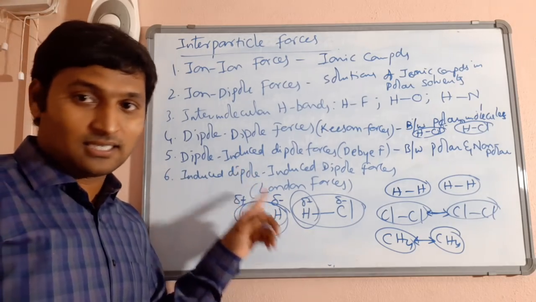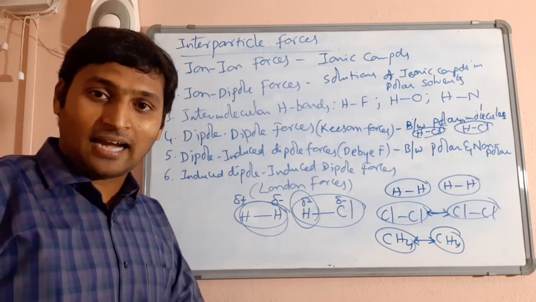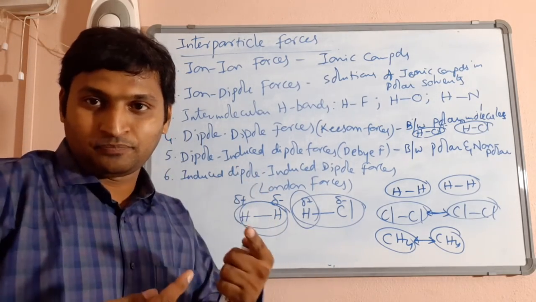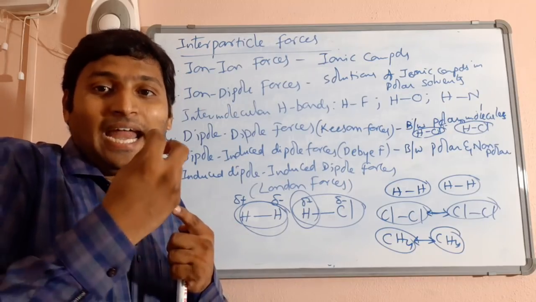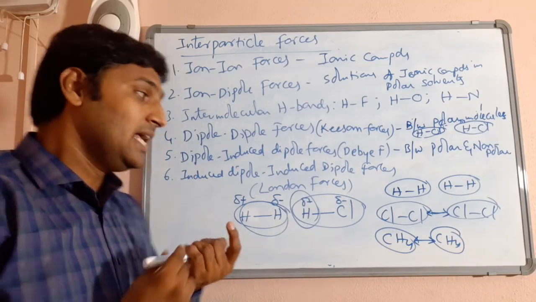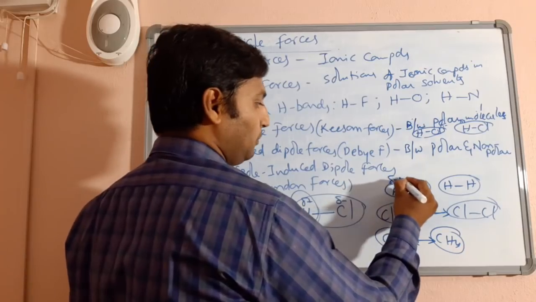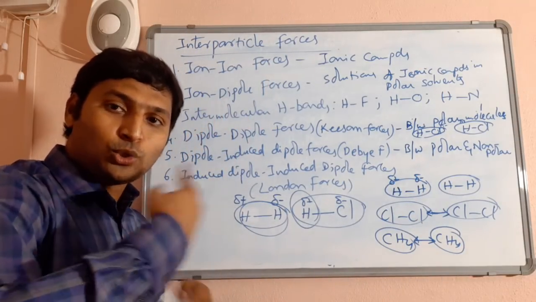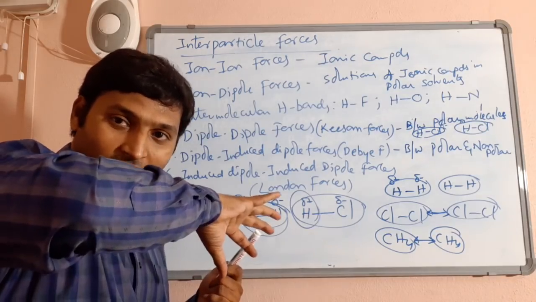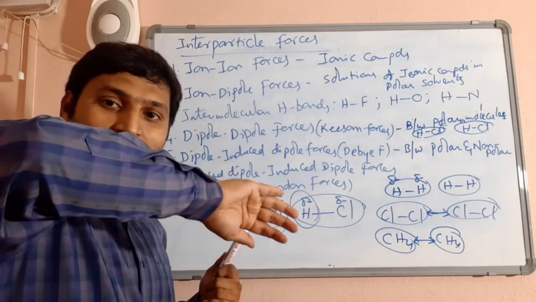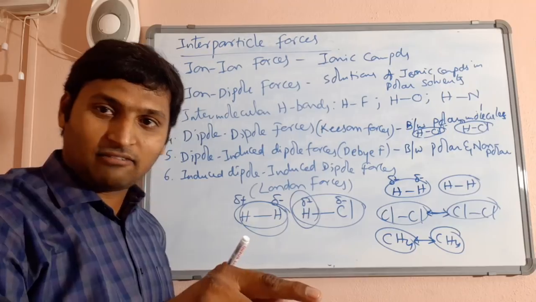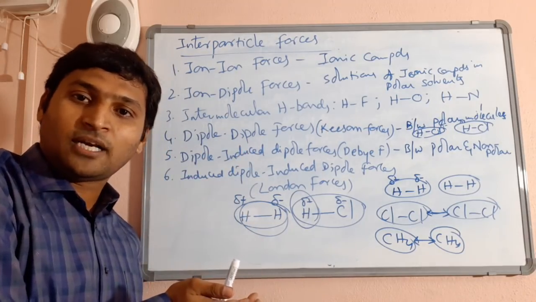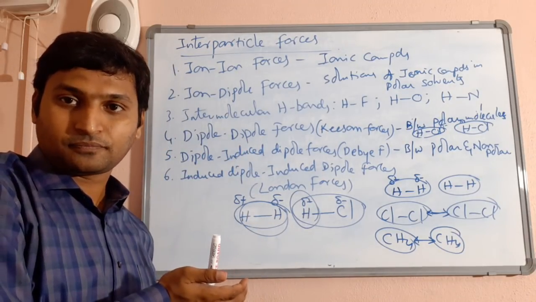London, a scientist, explained that during their movement, a transient dipole, a temporary dipole, is created. That temporary dipole makes the molecule a dipole. How is the temporary dipole created? Due to the motion, part of the electron density comes to one side. When the electron density comes to one side, that side becomes negatively charged, so the other side automatically becomes positively charged.